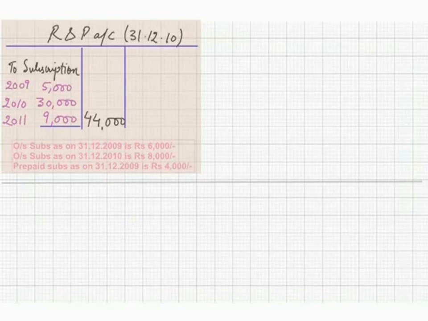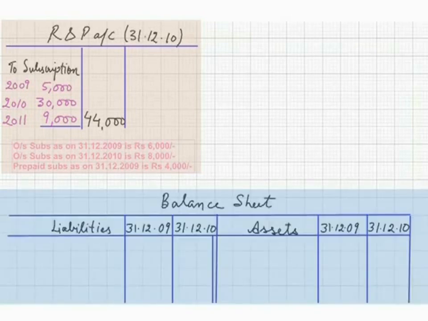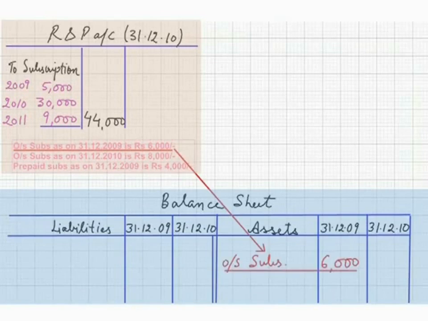All this additional information will be written down in the balance sheet. So let's make the format for two balance sheets, 2009 and 2010. Outstanding subscription on the asset side for 2009, that is 6,000, is given in the additional information.